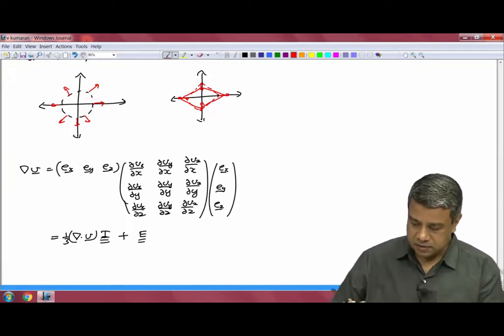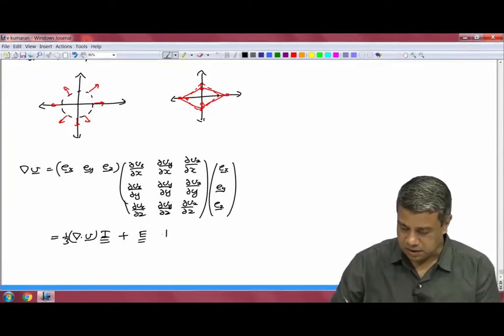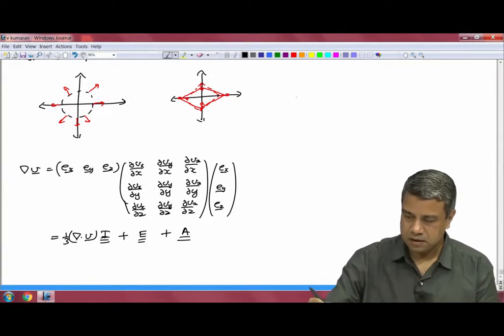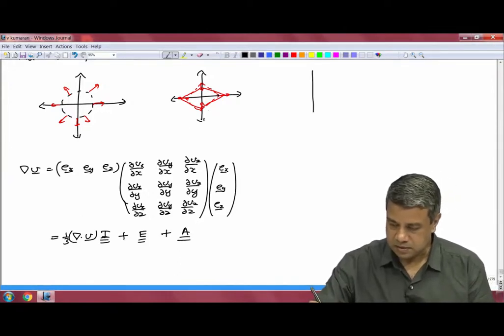And then there was the rotational part, the antisymmetric part, which basically represents solid body rotation.